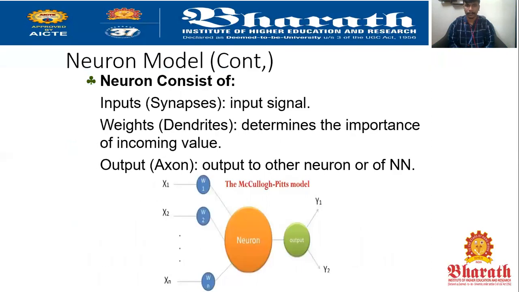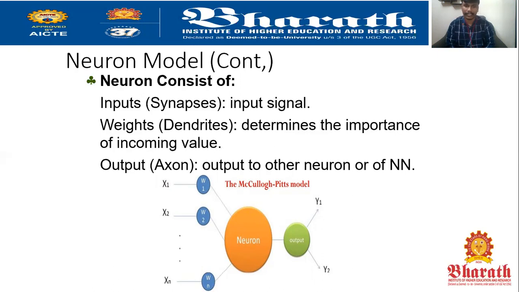Okay, a neuron consists of inputs, output, and weights. Inputs are determined as synapses in the structure of the neuron, weights are considered as dendrites, and output is considered as the axon part. Synapses will be getting the input signal, so that is considered as the inputs.